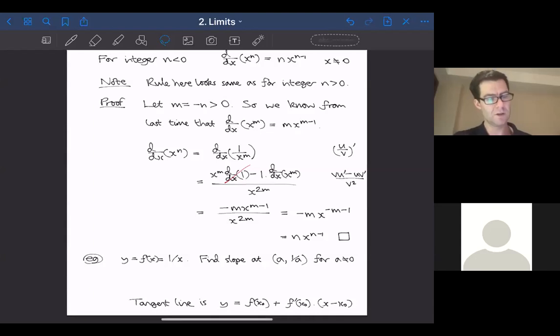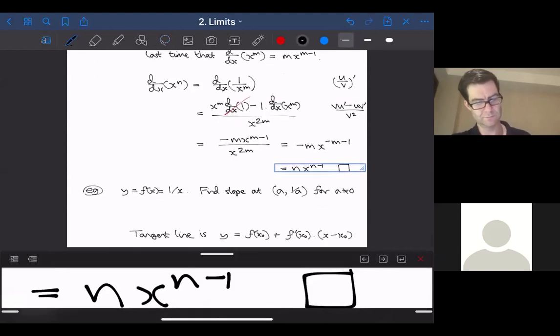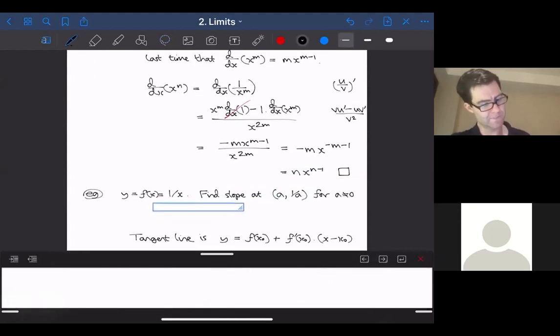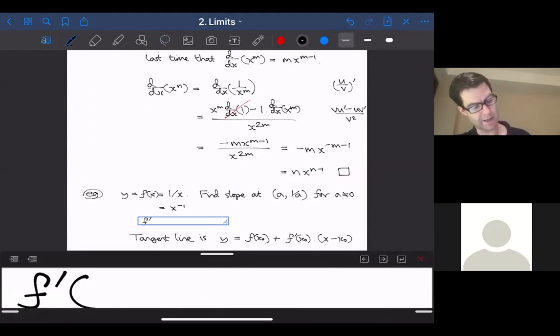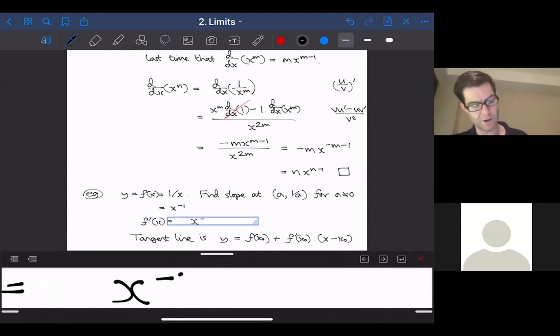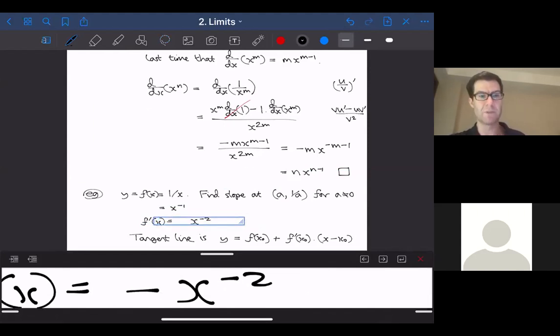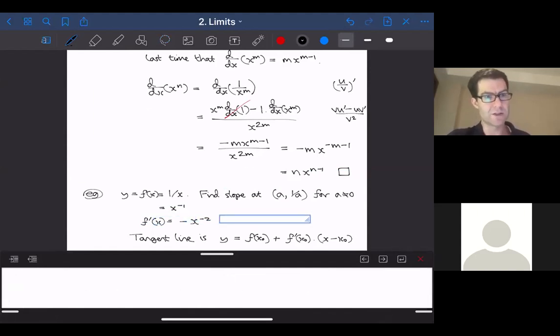So for this integer, minus 1, we can use this law to get that f prime x is, well, the same thing. We reduce the power by 1 and we multiply by the original power. So that puts a minus in front of the x to the minus 2.